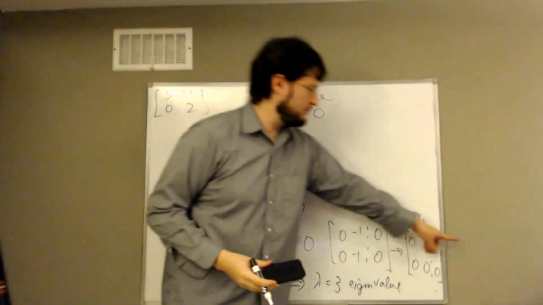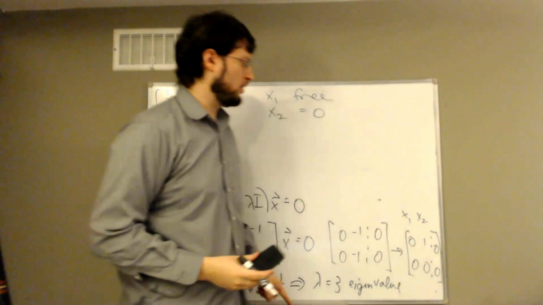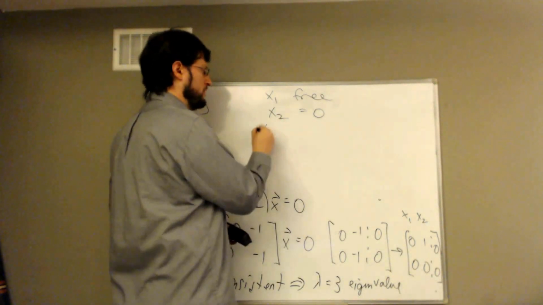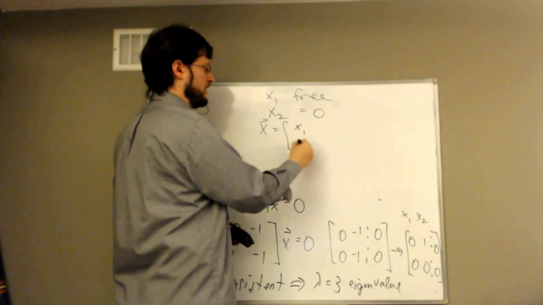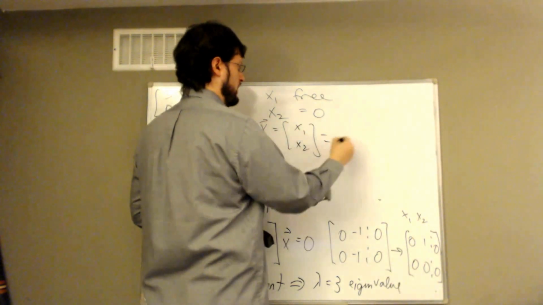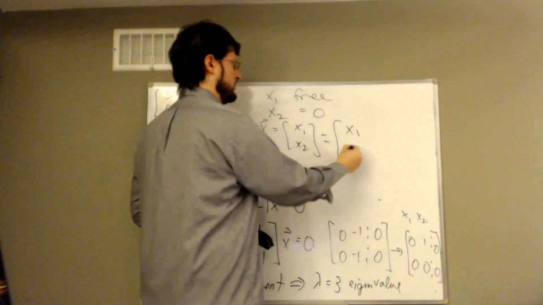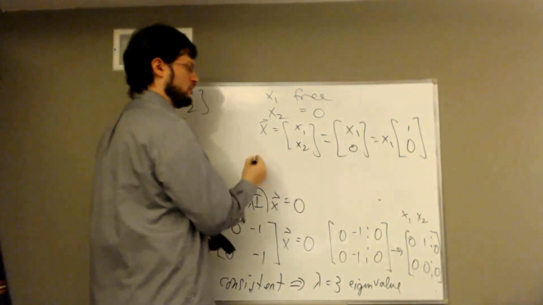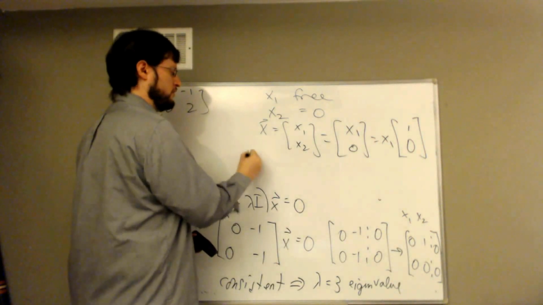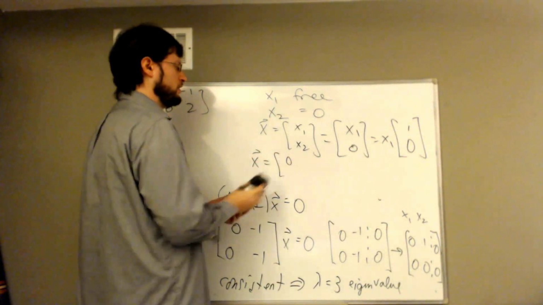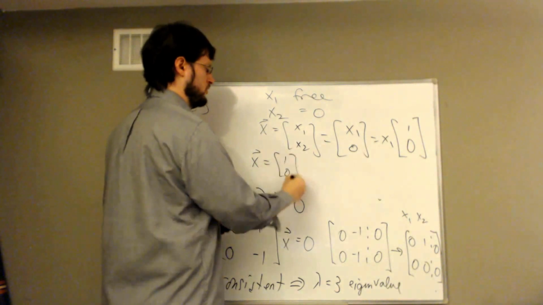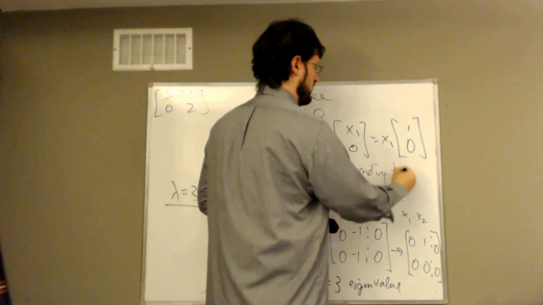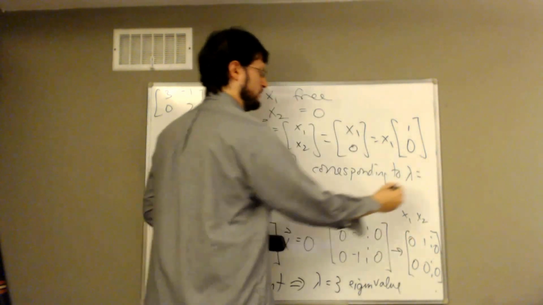Because if I read that top row, this reads x2 is 0, but x1 is non-pivot, so x1 is free. So this means that x, which is x1, x2, is x1, 0, which is x1 times 1, 0. So the eigenvector is 1, 0, corresponding to lambda equals 3.